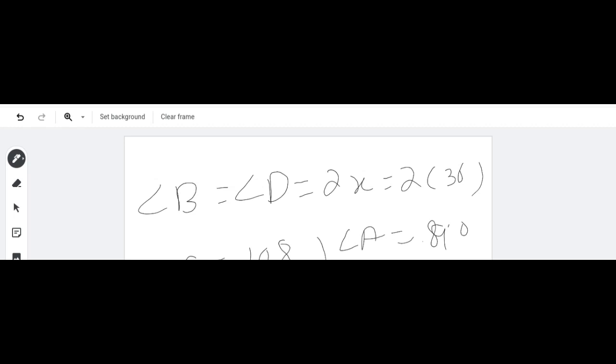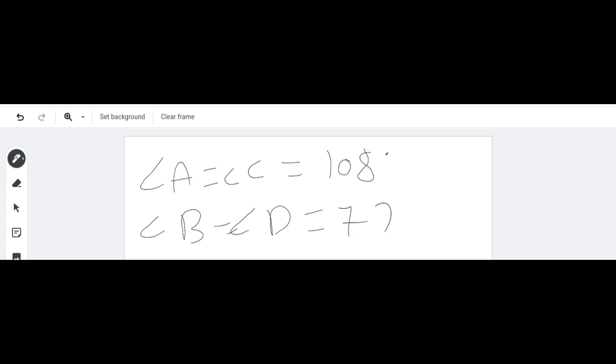Can you just calculate all of these? Not the 90. So I just write it down like this. It means that if angle A is opposite to angle C, both have the same angle, 108. If angle B and angle D both have the same angle, okay?